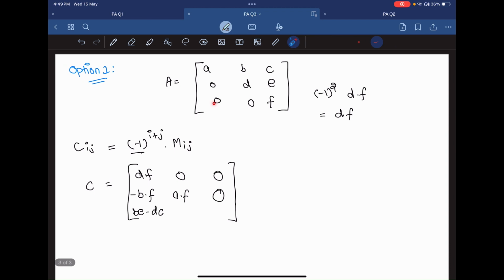Now third row second column, so a dot e minus 0, so a dot e, but it would be negative power, so minus a dot e, and for third row third column, it would be just simple a dot d.